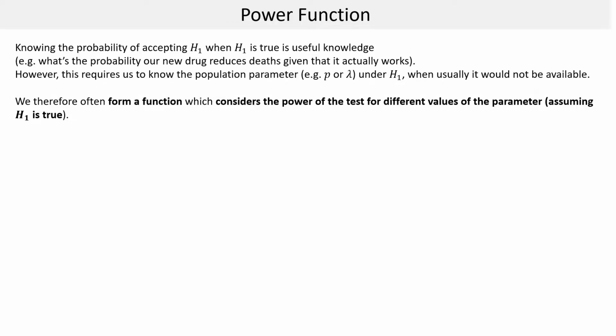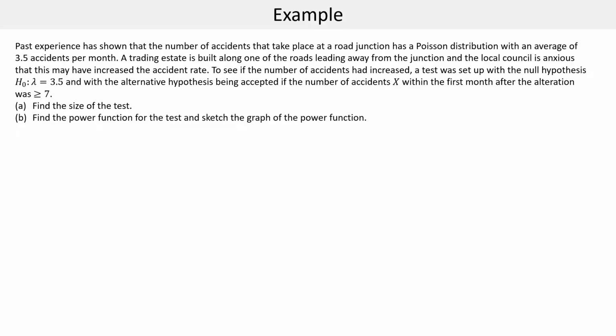Here we're told that past experience has shown that the number of accidents that take place at a road junction has a Poisson distribution with an average of 3.5 accidents per month. So that's the lambda that we're going to use originally. A trading estate is built alongside one of the roads leading away from the junction, and the local council is anxious that this may have increased the accident rate.